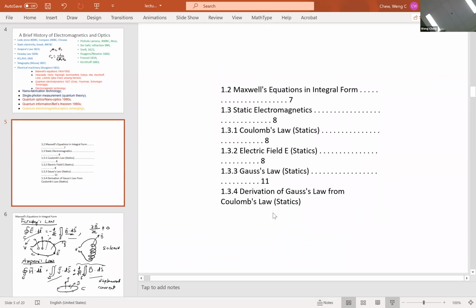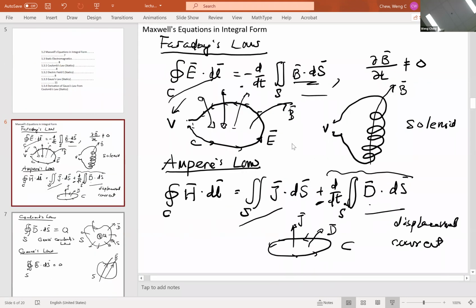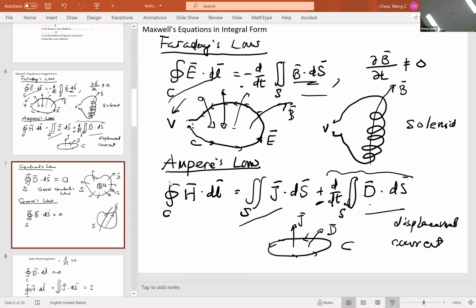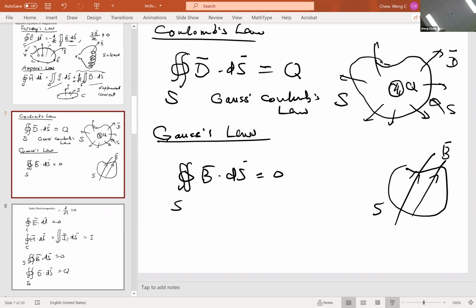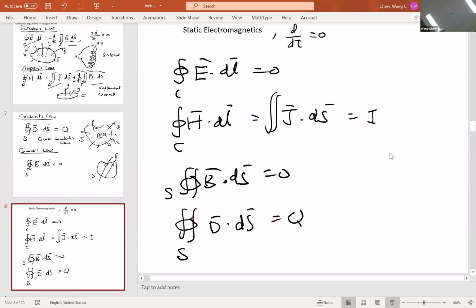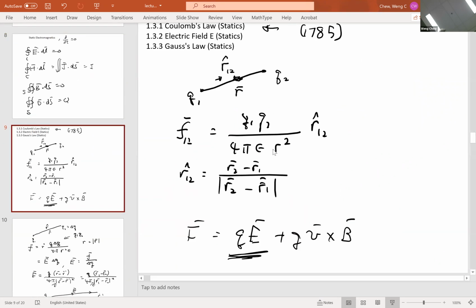So we revised Faraday's law, which you have learned before, and then we revised Coulomb's law, all in integral forms. And then we look at the static form of these laws, which are something like this. And then we look at Coulomb's law in this early form.